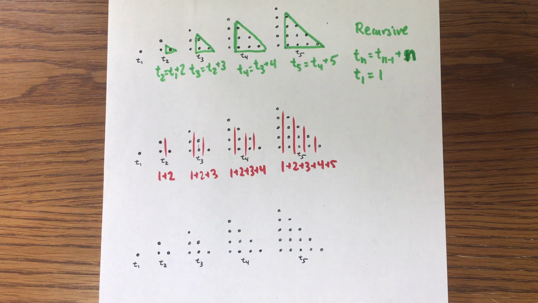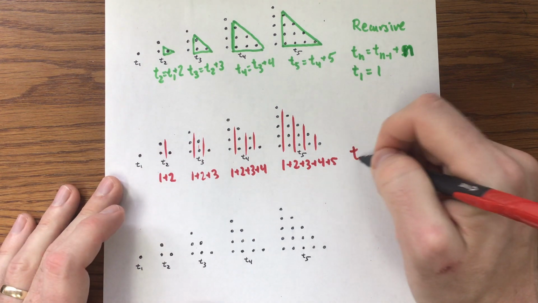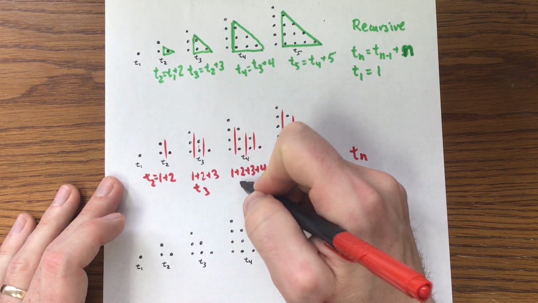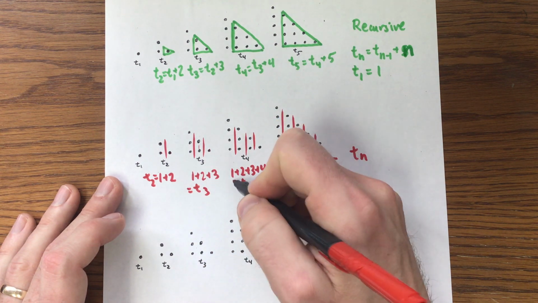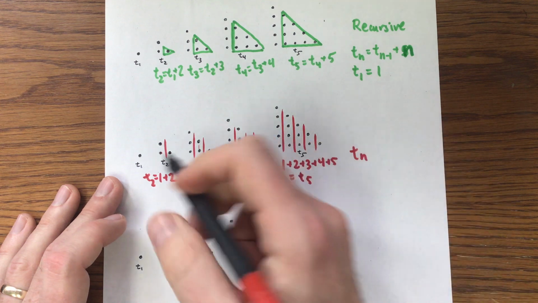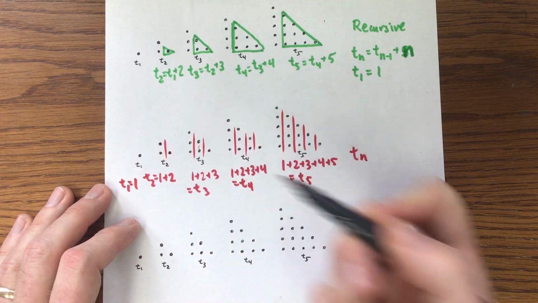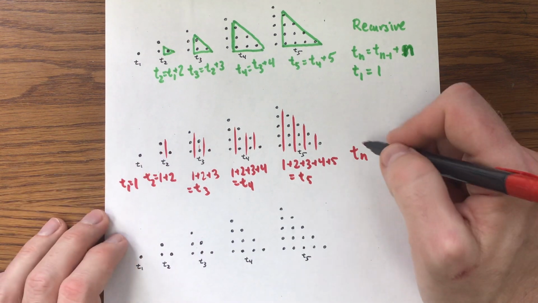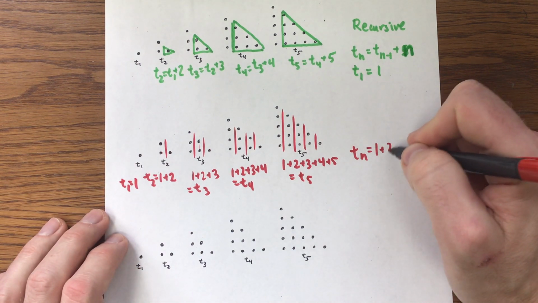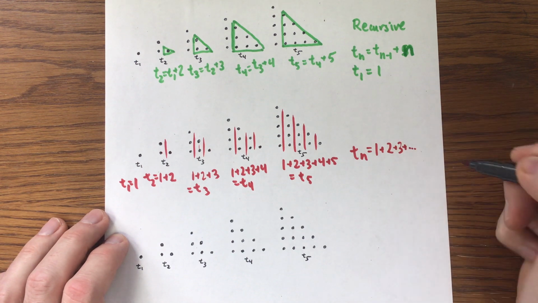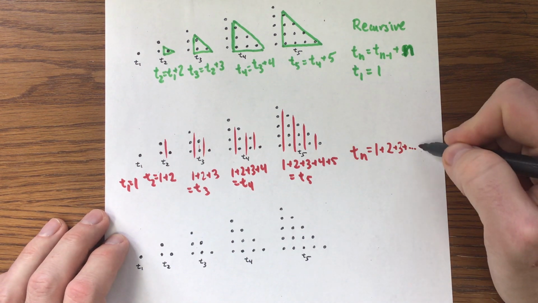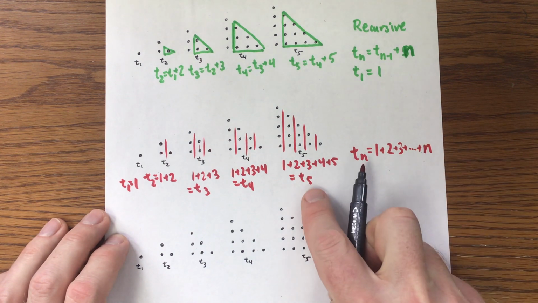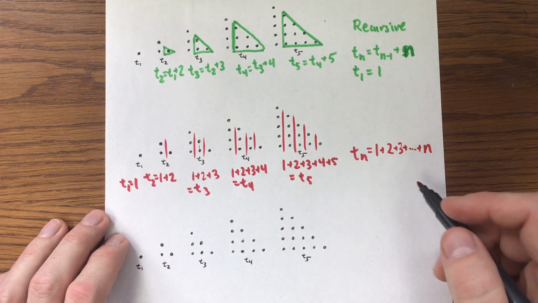A general formula for the nth one, well, this was T2, T3, T4, or T5. T1 is just 1. That pattern actually works. They start with 1 and we stop counting at 1. So T sub n could be thought of as 1 plus 2 plus 3, keep adding up those natural numbers until you get to the index, the number that you're looking for.